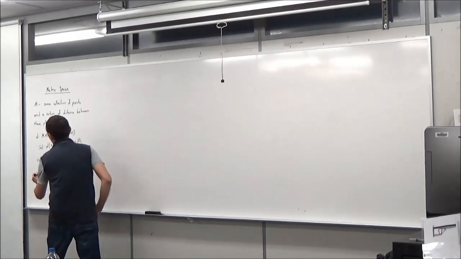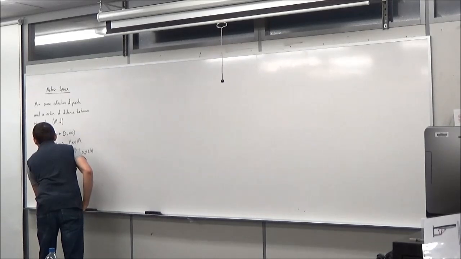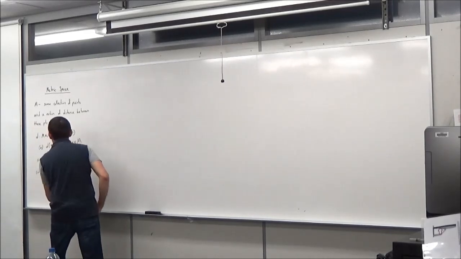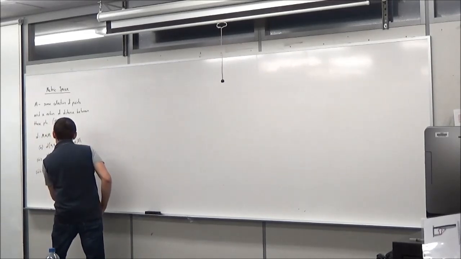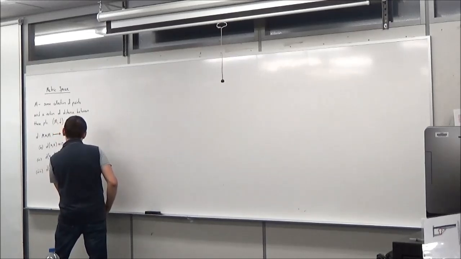And the third, usually the hardest to verify, is that the distance from x to y is less than or equal to the distance from x to z plus the distance from z to y.